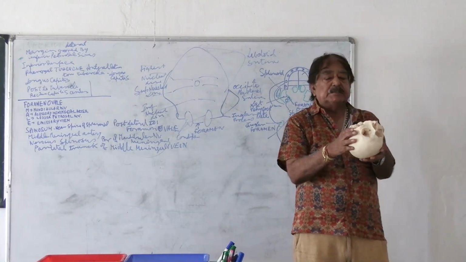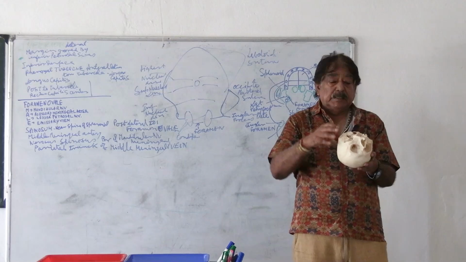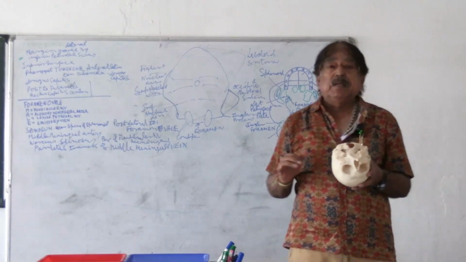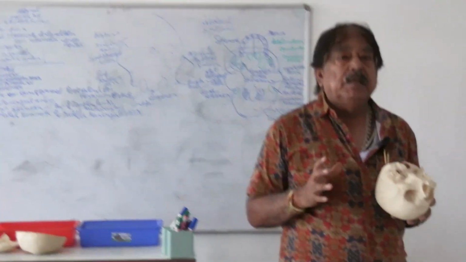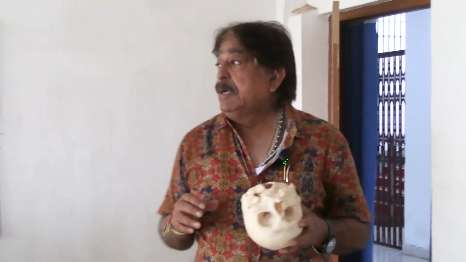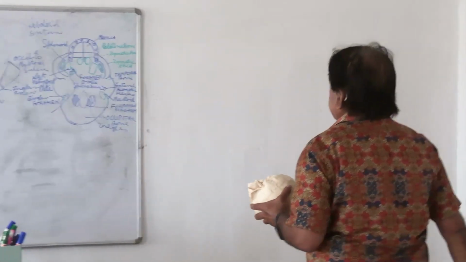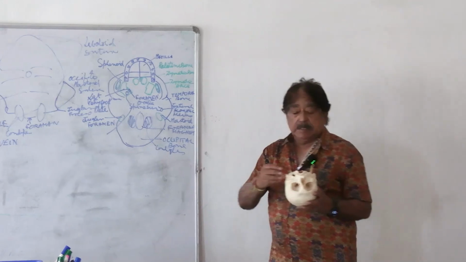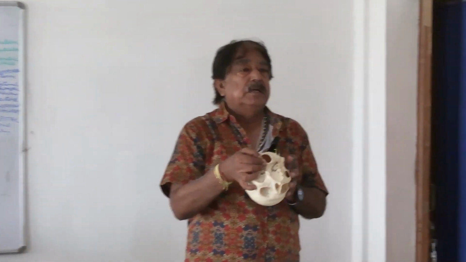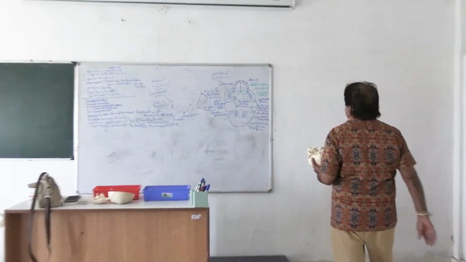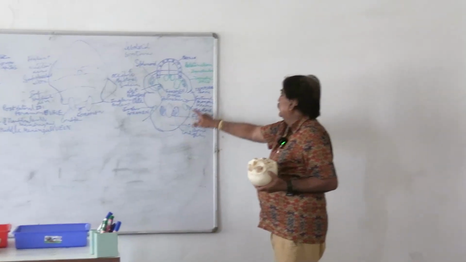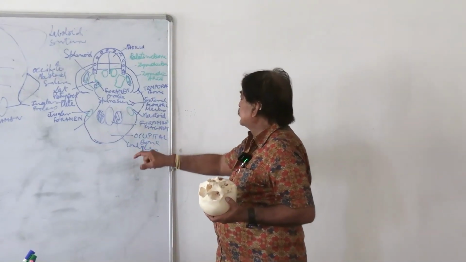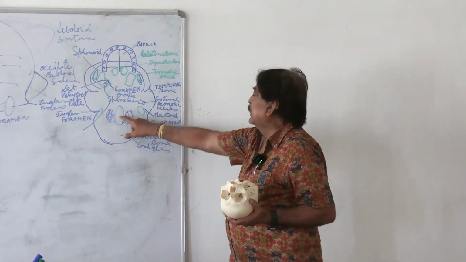The zygomatic arch is there, and the foramen magnum. The foramen magnum and the condyles. Now see the mastoid process, the foramen magnum, the occipital bone, and the bony condyles.